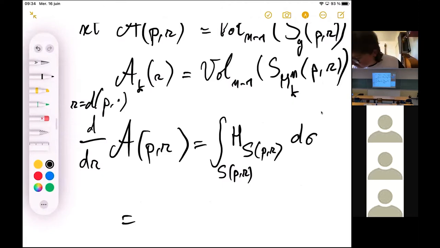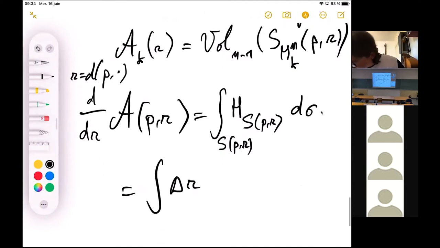And this mean curvature is just the Laplacian of the distance function, so the Laplacian of r over S_p(r), d sigma.